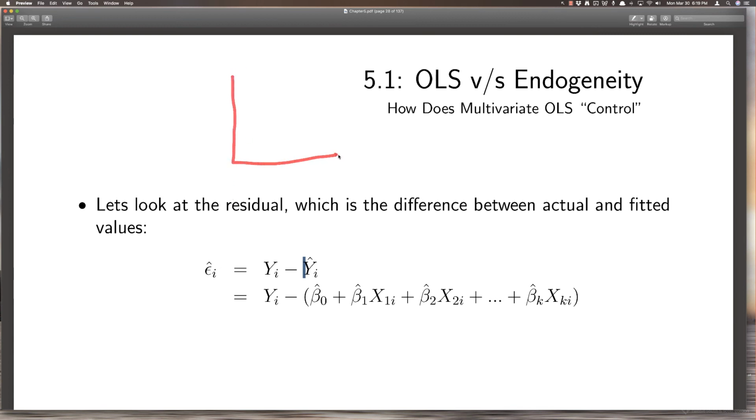Again, you can think about it, just go back, sorry, that's supposed to be y, and this is x. So you can still think about it in terms of the distance of a particular dot from the line in terms of the y-axis, that distance.